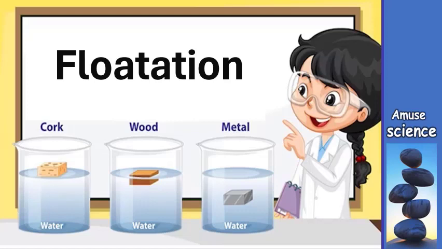We observe that 2 of the objects, that is the cork and the wood, float, but the metal sinks in the water. We also observe that the cork and the wood float differently. So we can derive 4 essential pieces of information from this diagram.